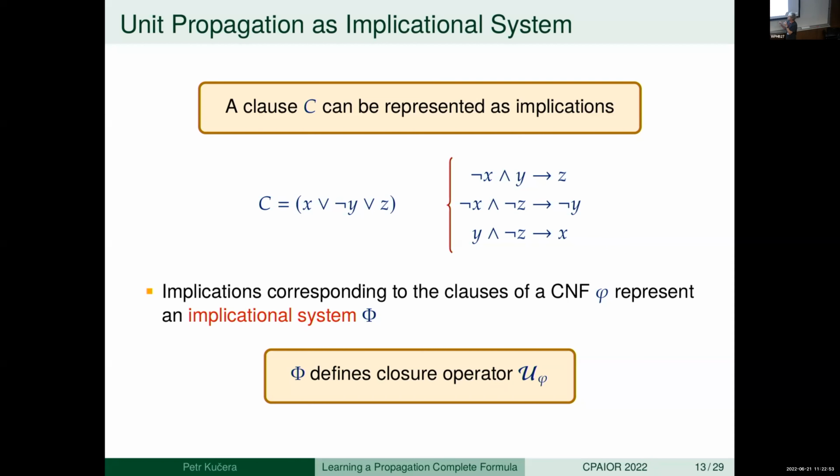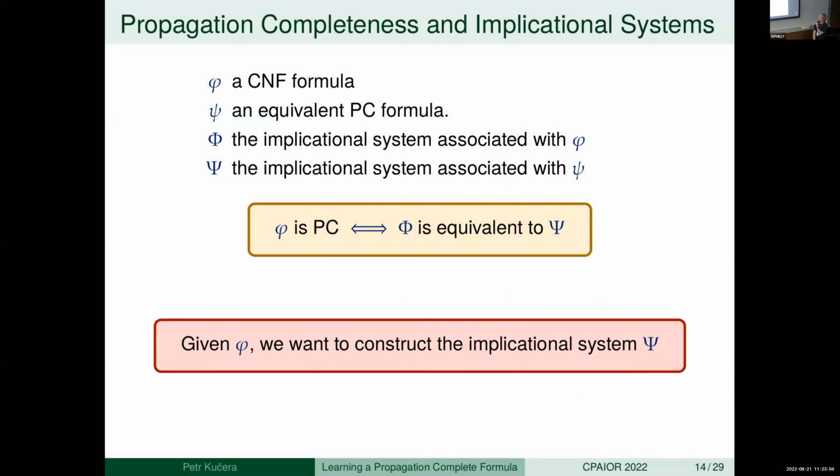And this implicational system defines the closure operator, U phi. What we want to do is learn the implication system that corresponds to a propagation complete formula. Because the system is also defined by a semantical closure operator, it's the same for all propagation complete formulas.